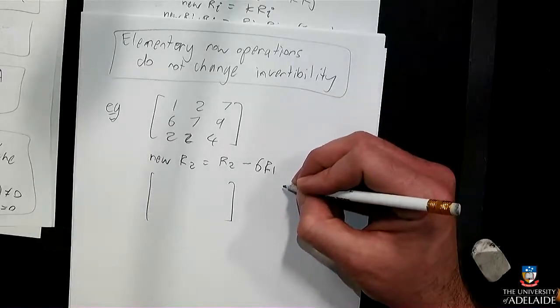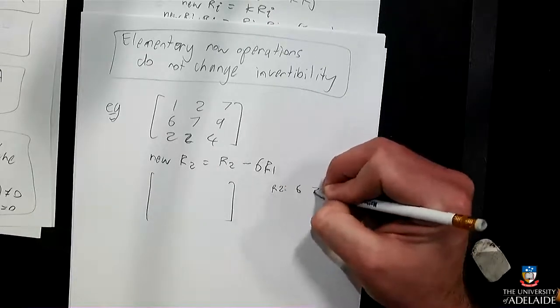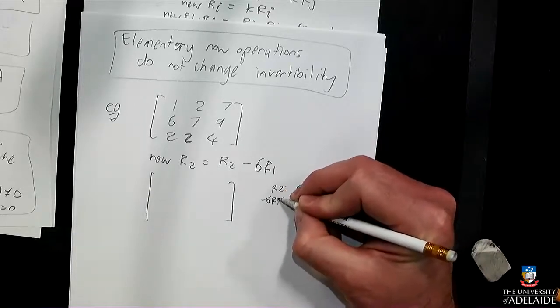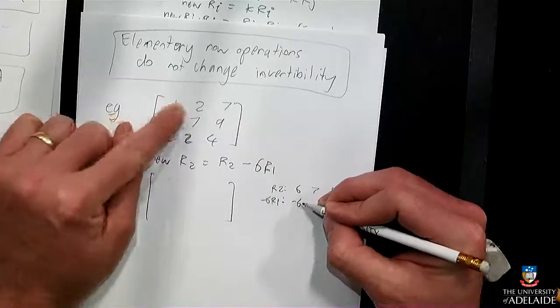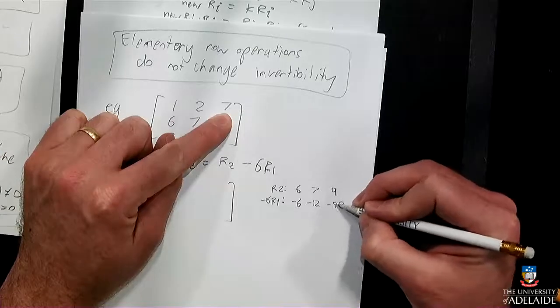So row 2 was this, 6, 7, 9. Minus 6 lots of row 1 was minus 6 times 1, minus 6 times 2 is minus 12, minus 6 times 7 is minus 42.